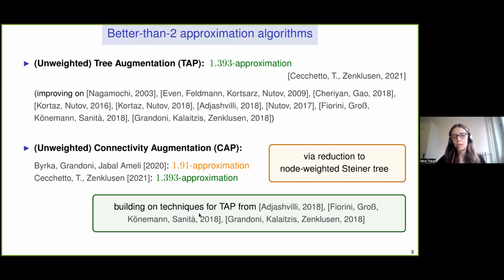Now in the following, I will give you some brief, one slide overview for each of these two techniques, because I feel they are both interesting. Also, this first one provides some very interesting connection to this node-weighted Steiner tree, and then afterwards I will move on to the weighted setting.